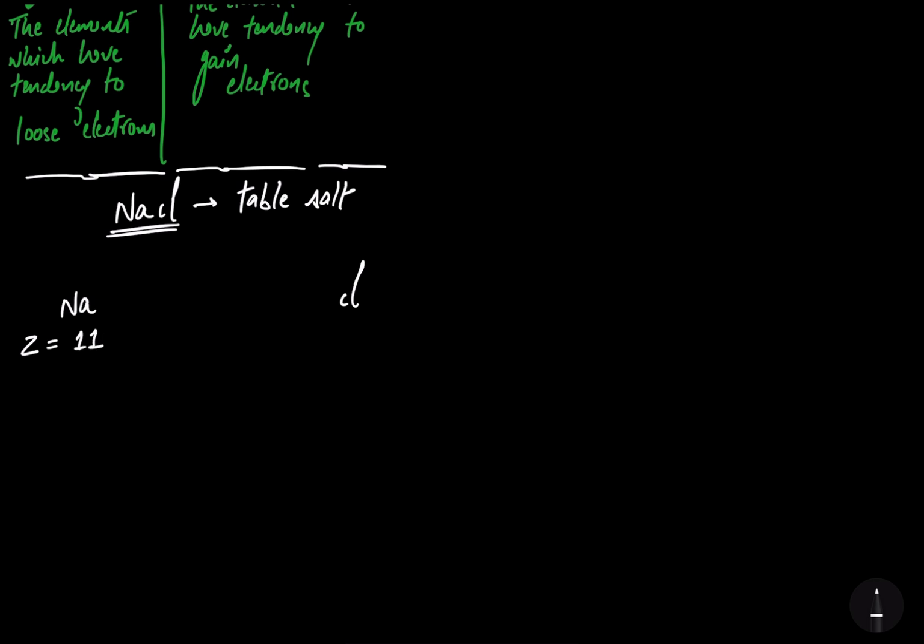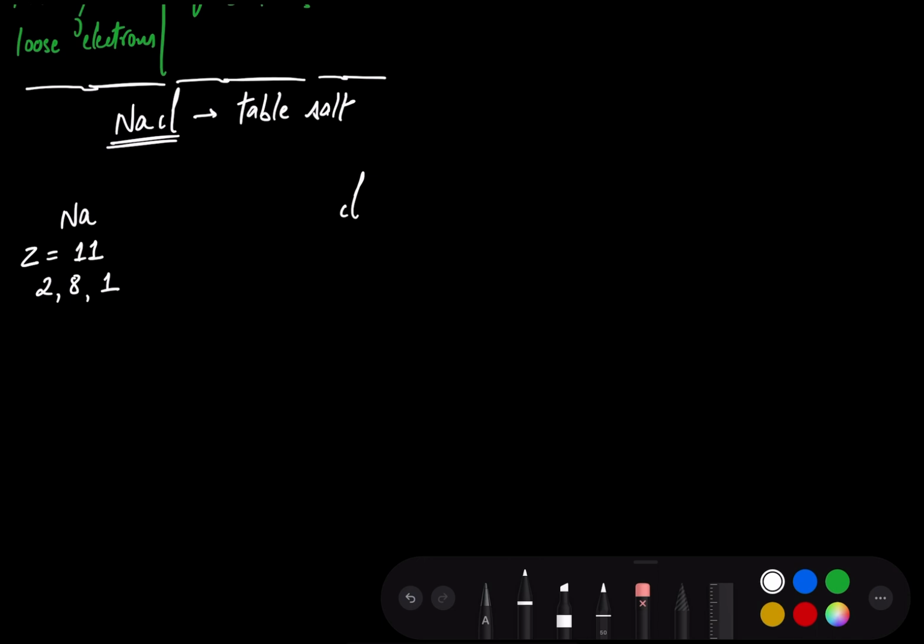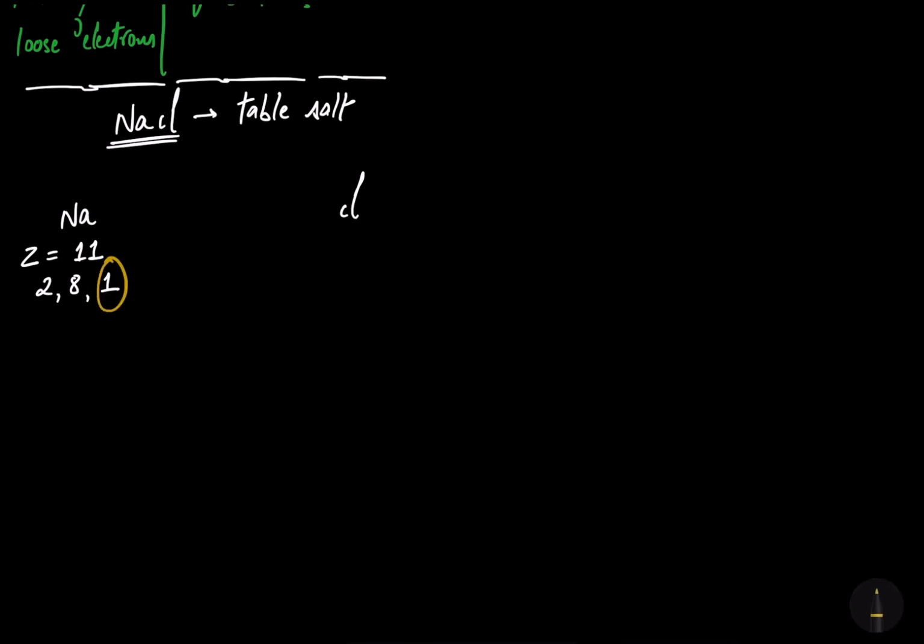What's the electronic configuration of sodium? That will be 2, 8, 1. How many electrons are there in the outermost shell of sodium? It's only 1. So sodium will have a tendency to lose this 1 electron from the outermost shell to attain the stable noble gas configuration of the nearest gas, that is neon.